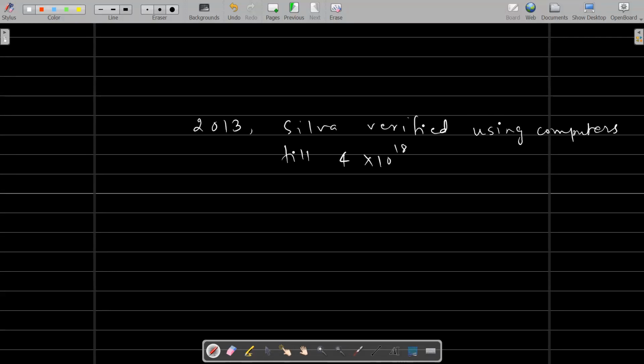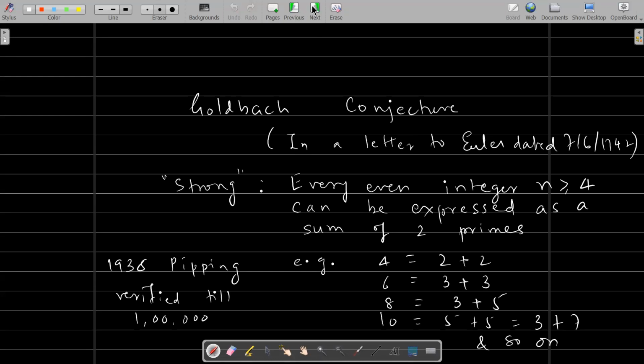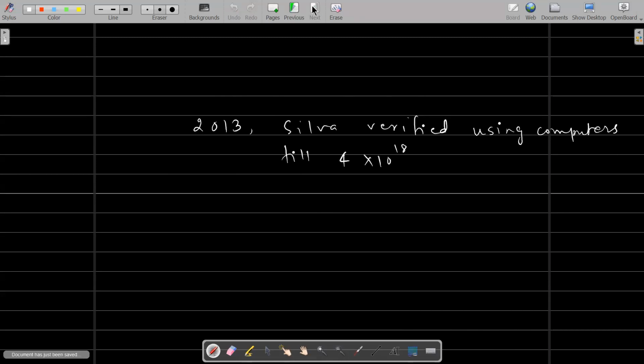Till this number, no counterexample was found, but still nobody has given a correct proof of this. In fact, one Chinese mathematician has claimed that he has proved the Goldbach conjecture, but so far it's not checked or approved by experts.